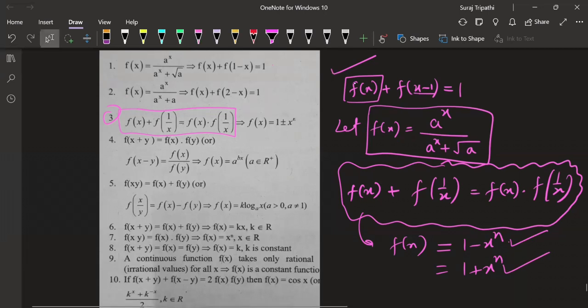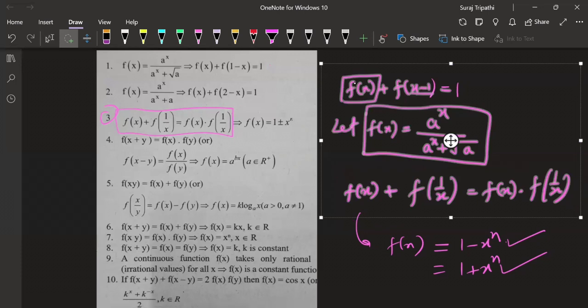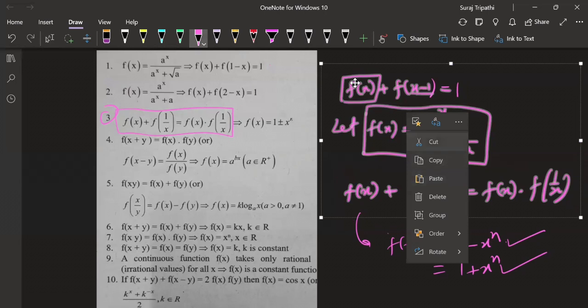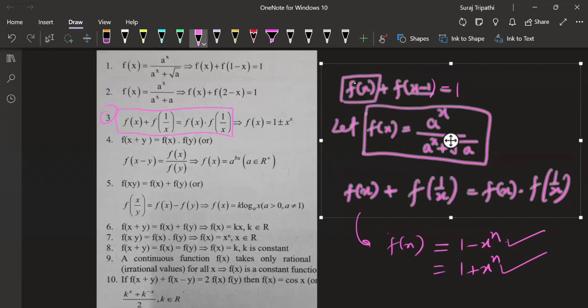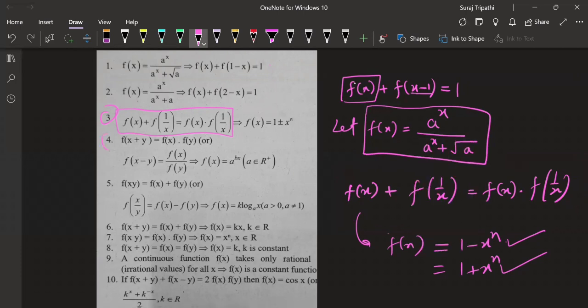Next, now see, the fourth one. If any expression is given like f of x plus y equals to f of x into f of y, or f of x minus y equals to f of x upon f of y, then the value of fx will be a raised to bx.